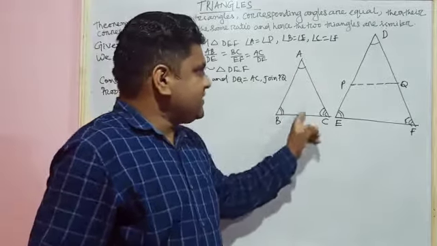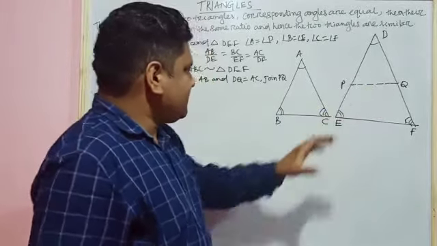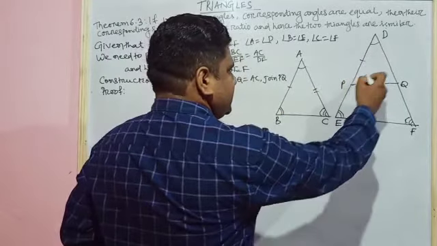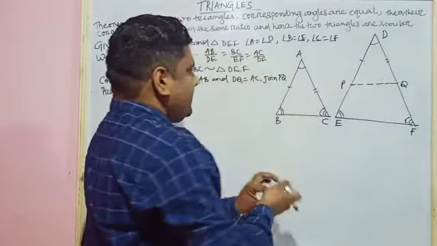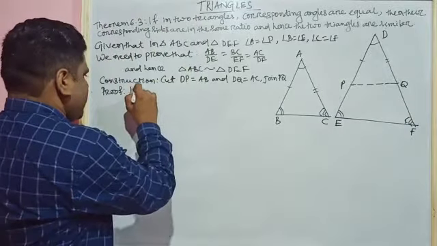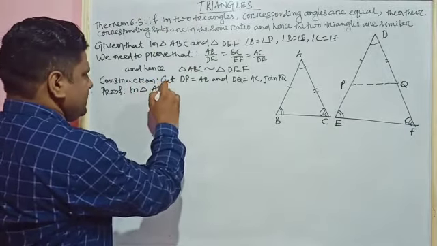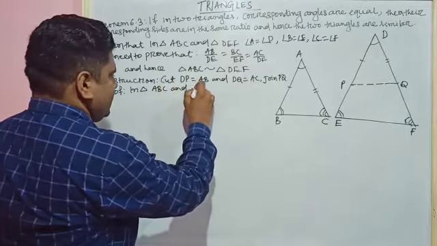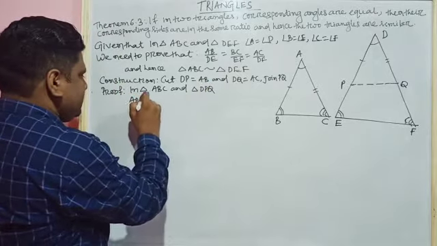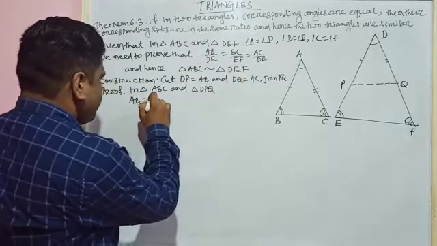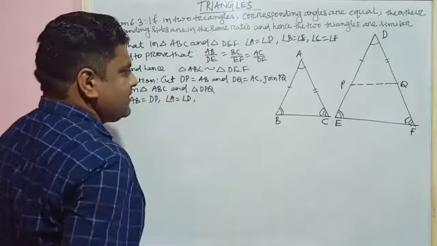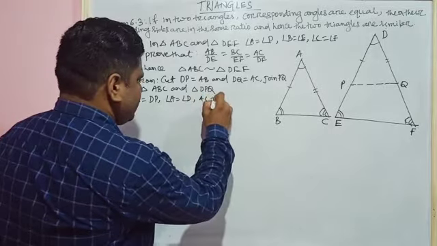Now compare triangle ABC and triangle DPQ. We have taken the length of AB and DP equal, AC and DQ are equal, and angle A and angle D are equal. Let's write this much. In triangle ABC and triangle DPQ, AB is equal to DP, angle A is equal to angle D, and AC equal to DQ.